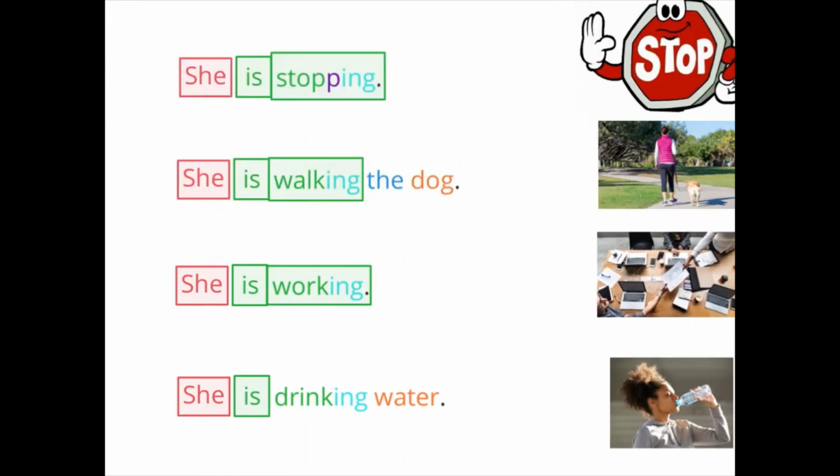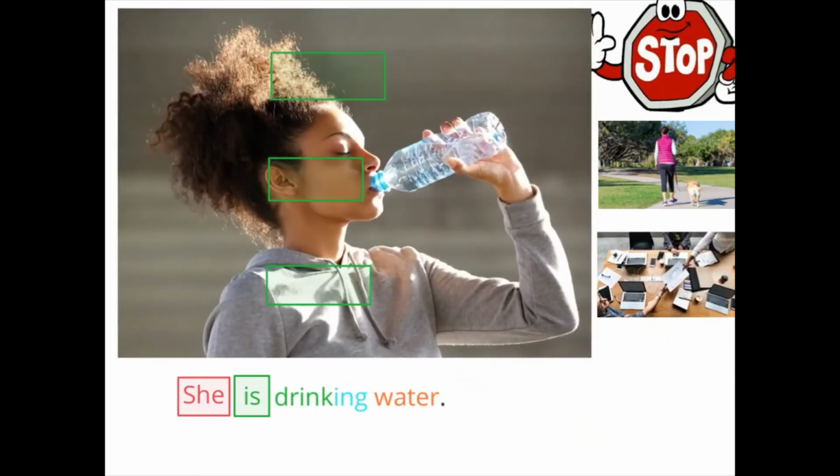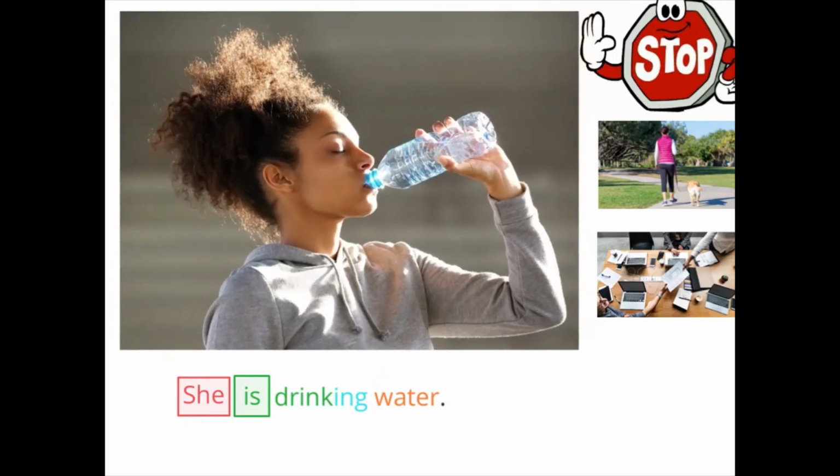Our next verb is drink. She is drinking water. So in this sentence, our verb is drink, then we add ing, and is drinking is the whole verb. With drink, you can have an object if you want to, but you do not need to.